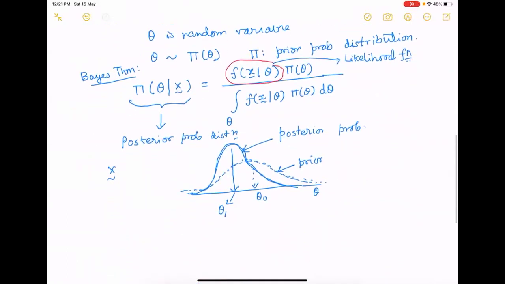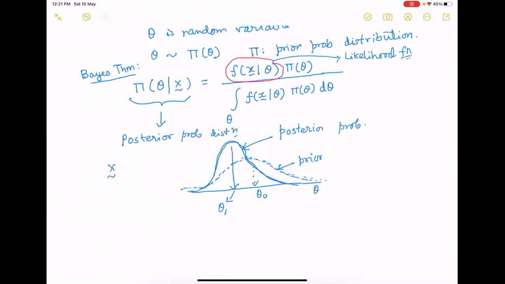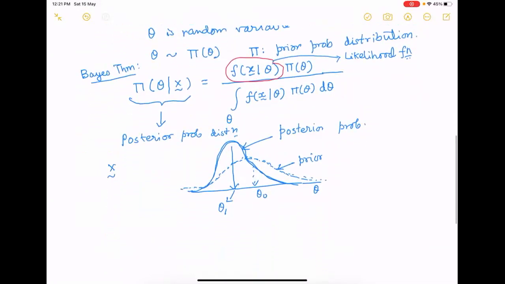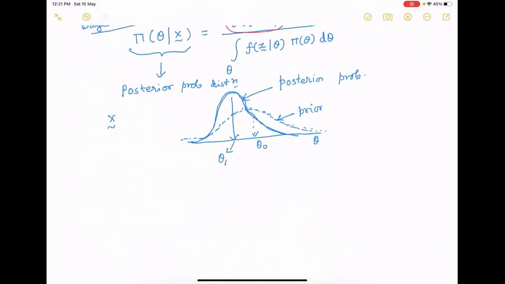So what I am doing is, I have a prior distribution on theta, and then I am marrying the prior distribution with the likelihood function through the Bayes theorem. Okay, I'm developing a posterior distribution, but the posterior distribution alone is not enough, because it is not going to give me the estimates for theta.